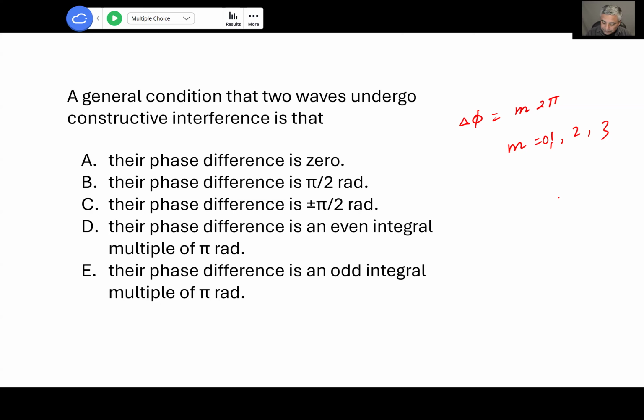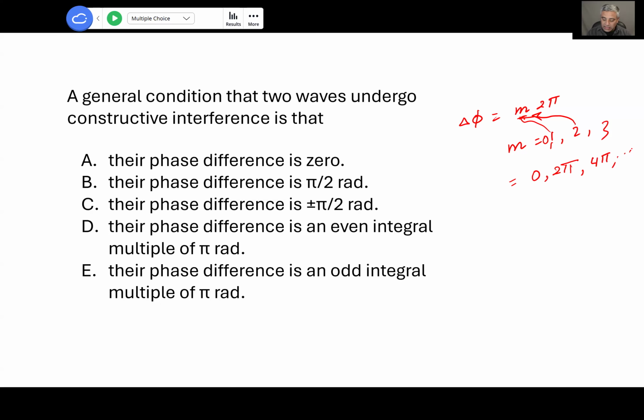So that is like saying the phase difference is 0, or when m is 1, it is 2 pi, and when m is 2, it is 4 pi, and so on.